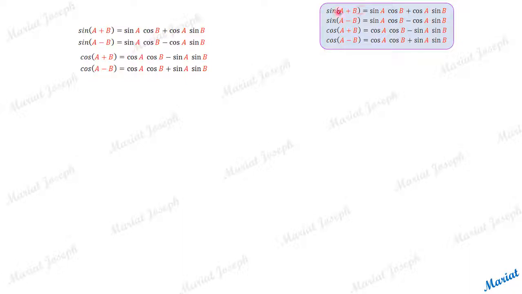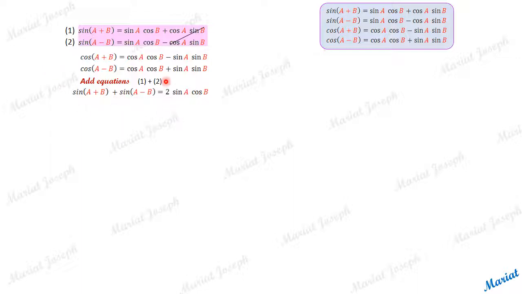So the same four formulae I start with: sin(A+B), sin(A−B), cos(A+B) and cos(A−B). The same four formulae written once more. Taking the first two as two equations, now I add them. The left hand side will be sin(A+B) plus sin(A−B).